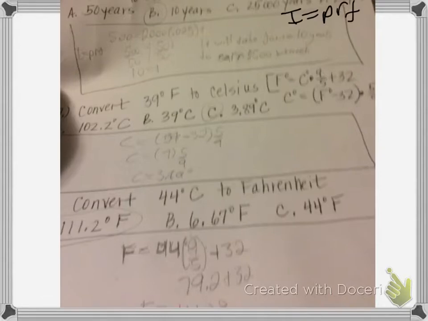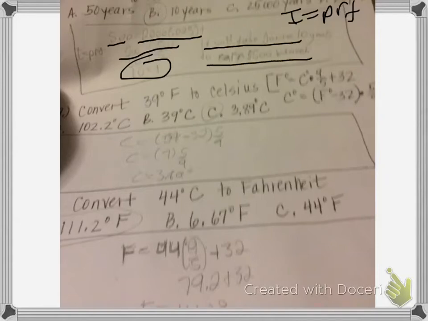So I set it up: 500 equals 2,000 times 0.025 times T. Multiply 2,000 times 0.025, and I get 500 equals 50T. I divide by 50. T equals 10. So it will take Jamie 10 years to earn $500 in interest.